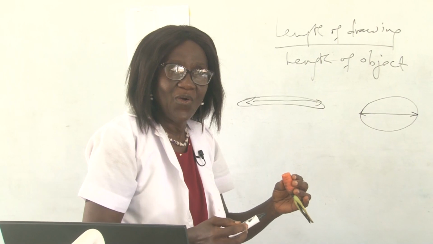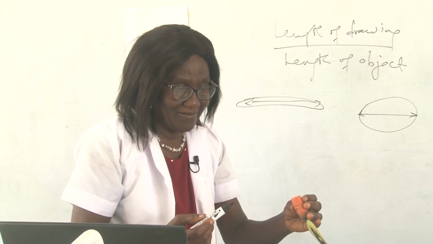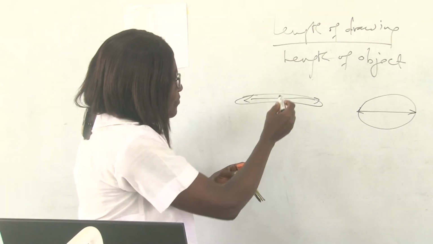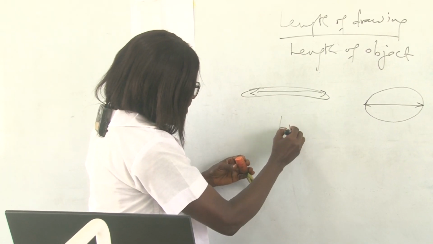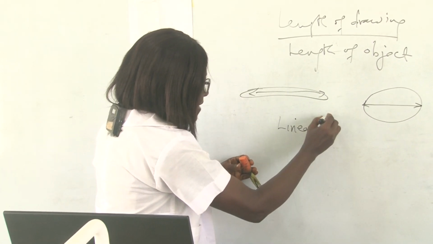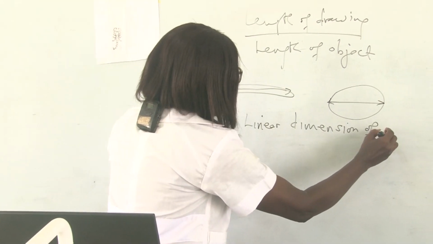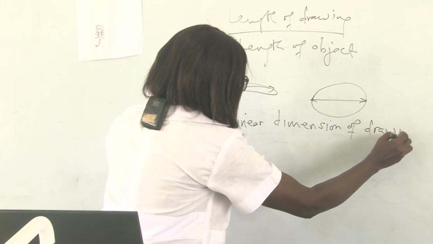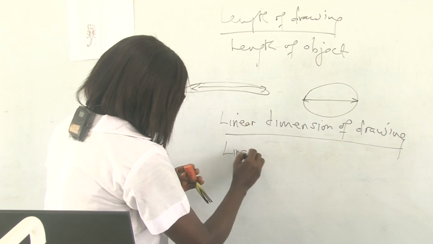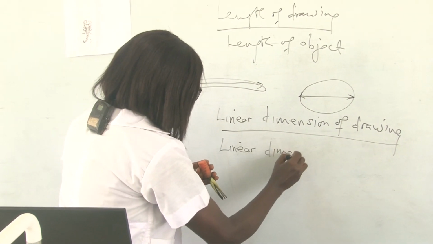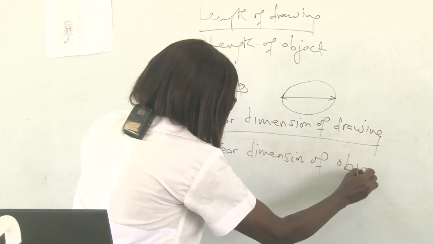In this case, this becomes my length. So therefore, for biologists, mostly understand length, but magnification can also be defined as linear dimension of drawing over linear dimension of objects.